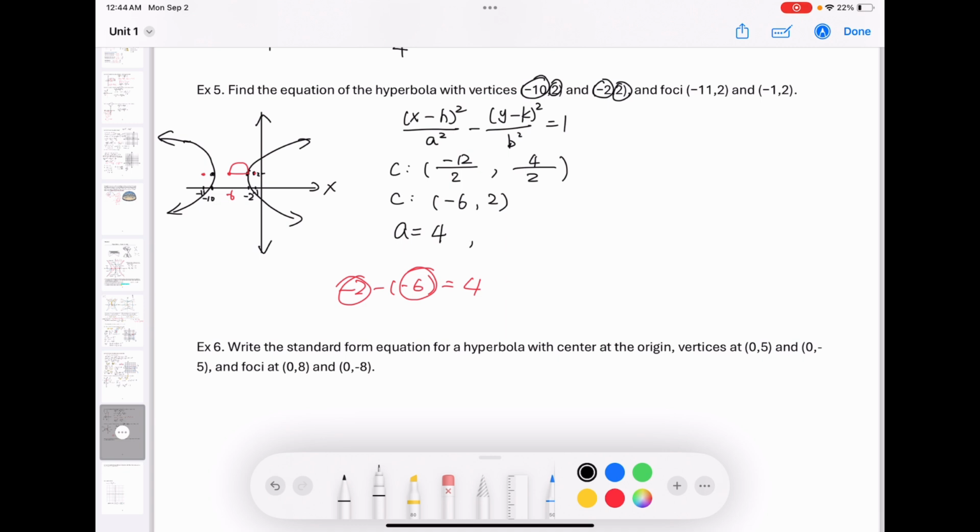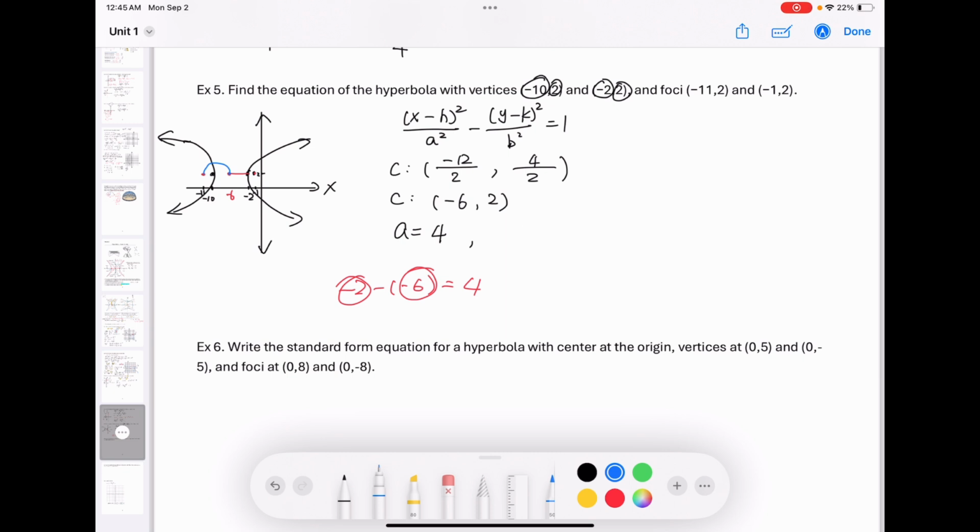And how about b and c? From the graph, I can only find the c value. From the center to one of my foci, what is the distance?